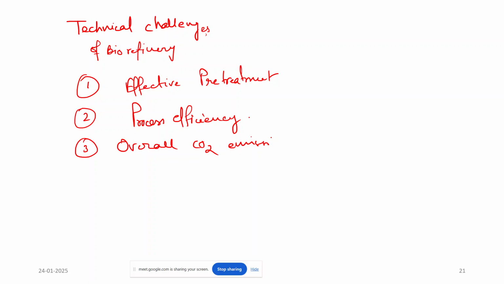I am writing down CO2 emission here because at some time we may be utilizing energy produced by fossil fuels. So we have to cross-check what the overall emission of the process will be. It should be net zero.